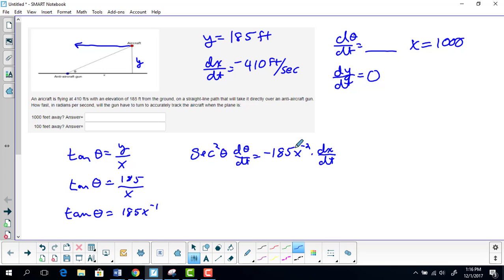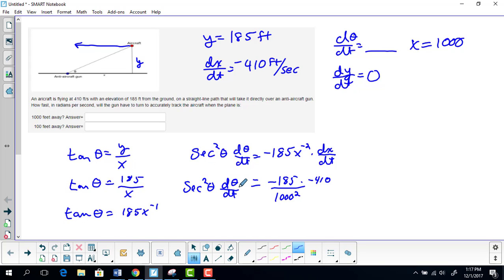Since x is equal to 1,000, we can plug that in, plus we can plug in the 410, and we get negative 185 over 1,000 squared times negative 410. On this side, we have secant squared theta d theta/dt.